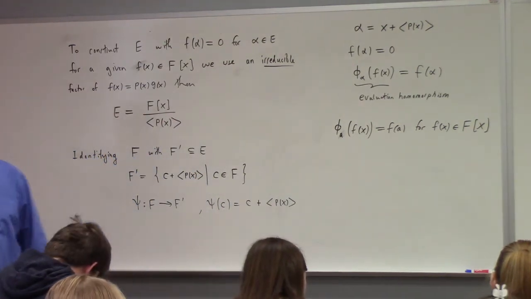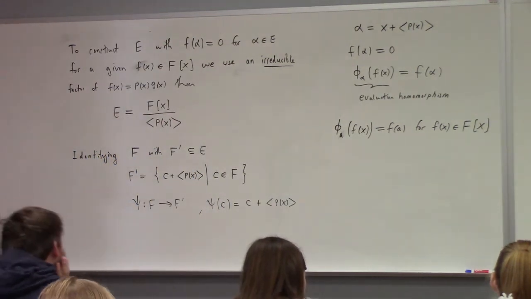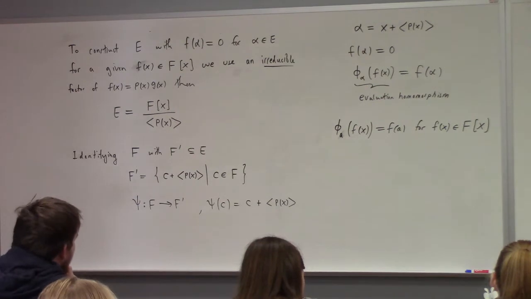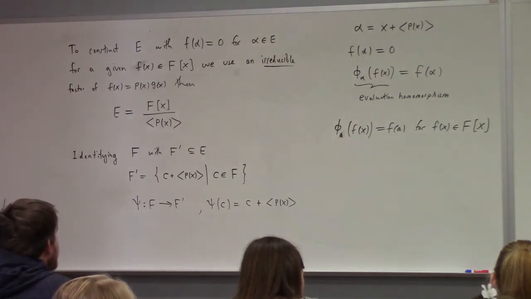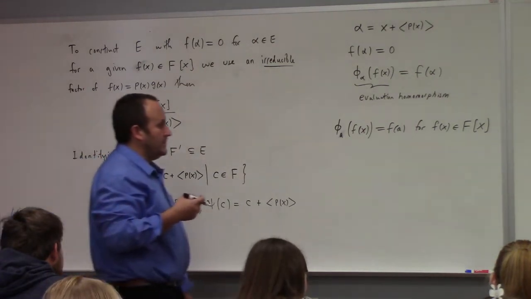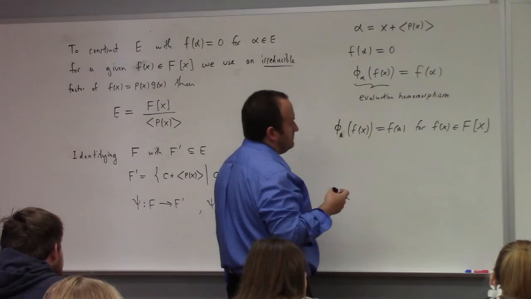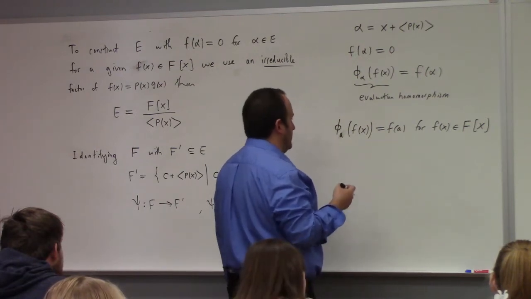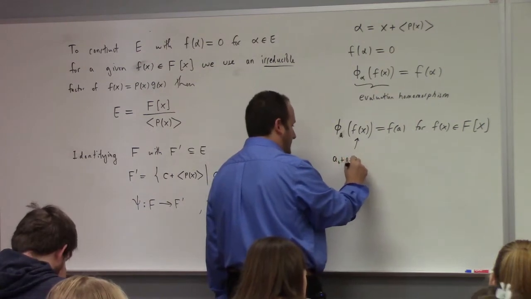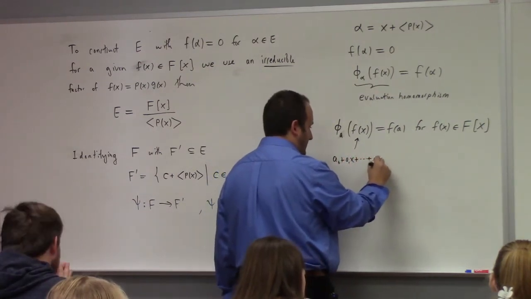If you're fussy, you realize that phi a of f of x doesn't really make sense because, more specifically, f of x was a0 plus a1x plus and so on plus anx to the n.